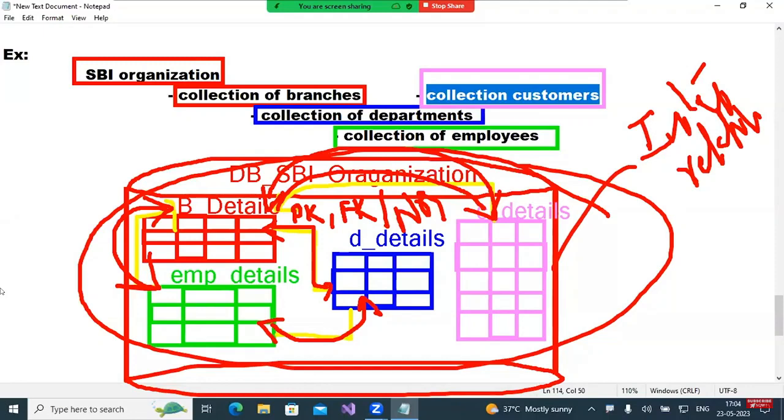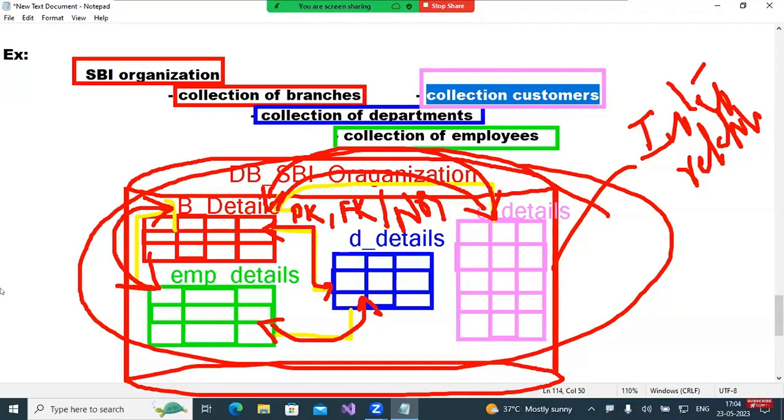Interrelation means one to another, dependency on each other, vice versa. I'm not saying that only I depend on you, and you are not saying that only you depend on me. We both depend on each other. Do you understand my point or not? Those kinds of scenarios are called interrelated.